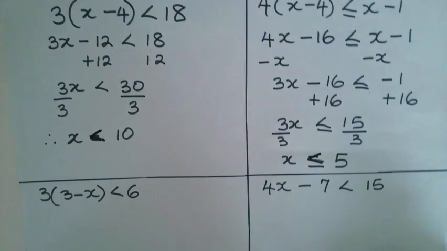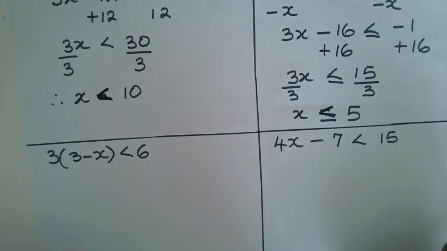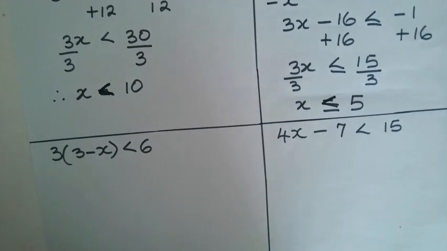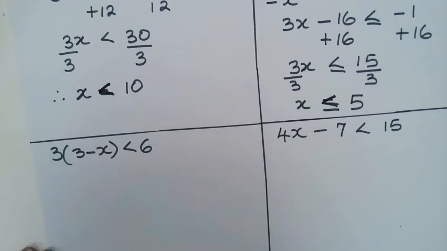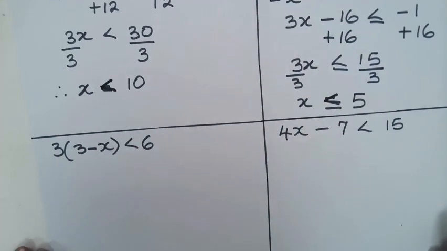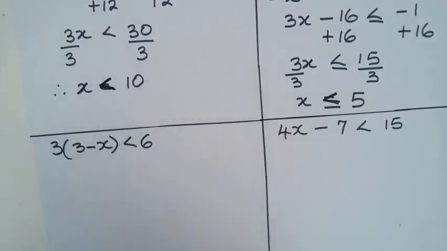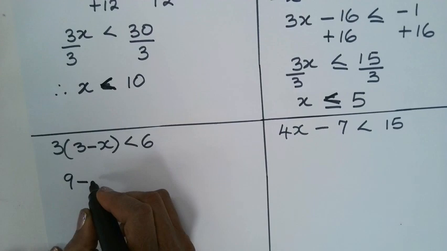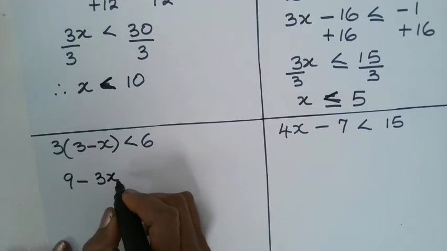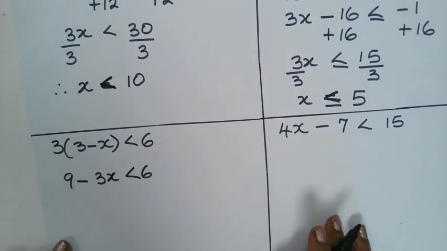Okay. So let's do this one. So next we're going to expand the bracket. So if we expand this bracket, it's going to give us 9 minus 3x is less than 6.